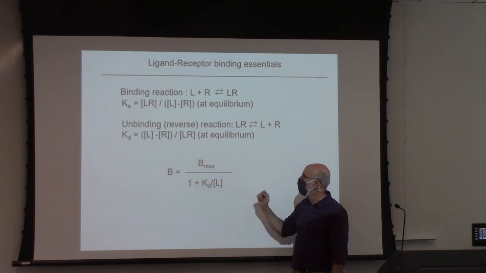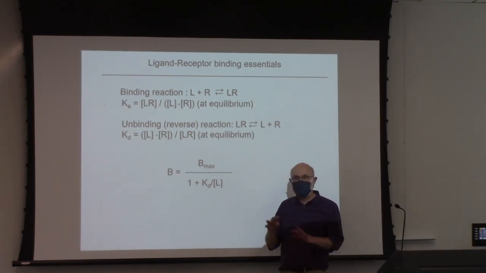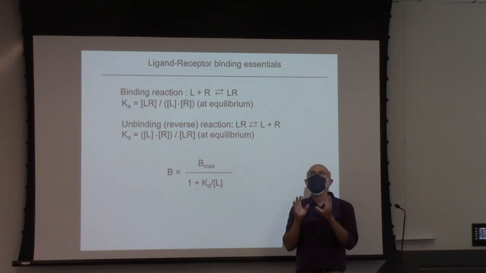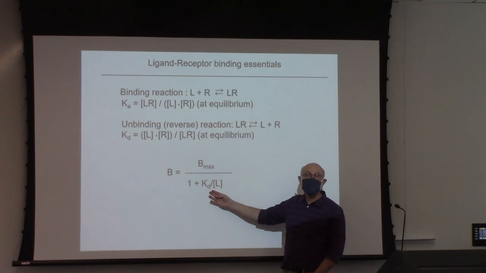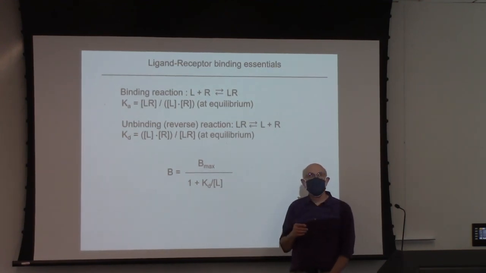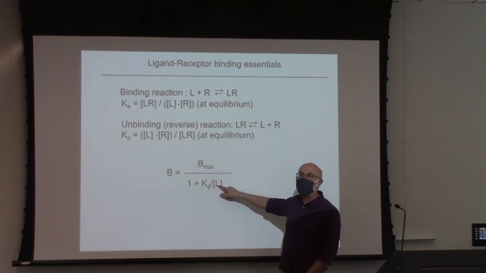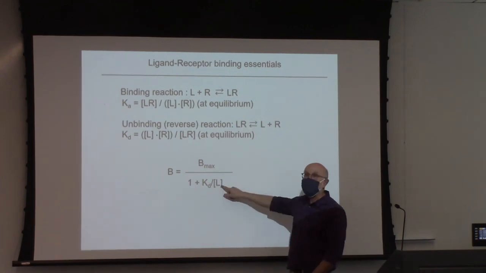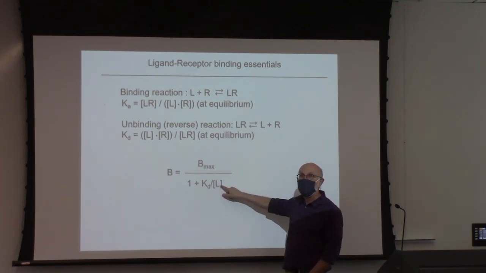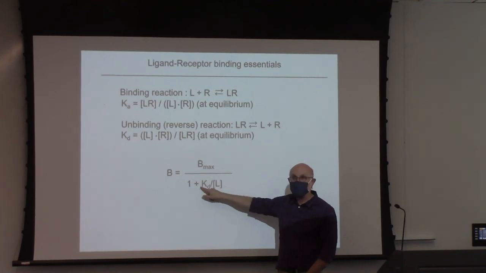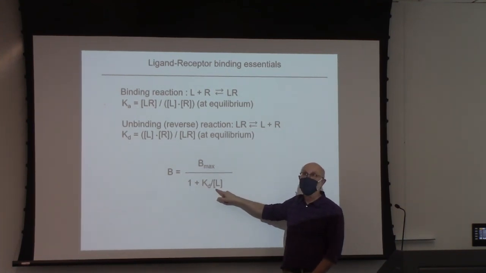Bmax divided by, again, I'm just giving you the equation with a little bit of homework. I could derive it for you, but I can't without doing my homework, so I'm not going to do it. Here is the denominator. Let's just see if this makes sense. If the ligand concentration is very high, no, let's start low. If the ligand concentration is very low, then this fraction becomes a big number, right?